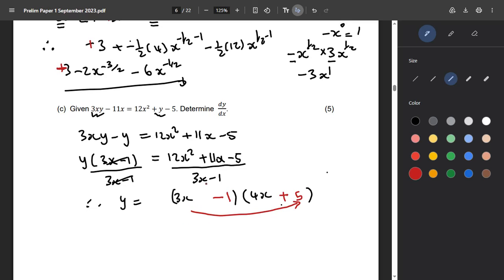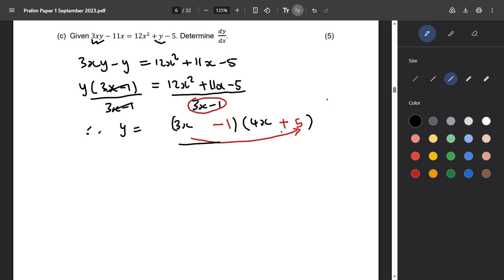Which makes sense because we need to get rid of that part. It makes everything easier. So this will be everything divided by 3x minus 1 into 4x plus 5. These two cancel. I'm sorry, I don't know where I got that part. So y is just 4x plus 5.